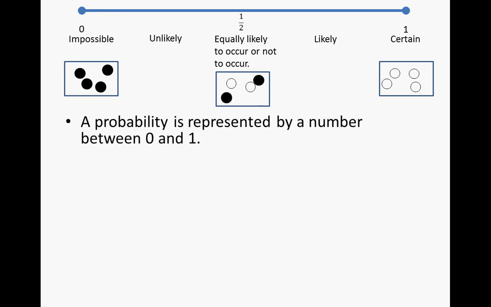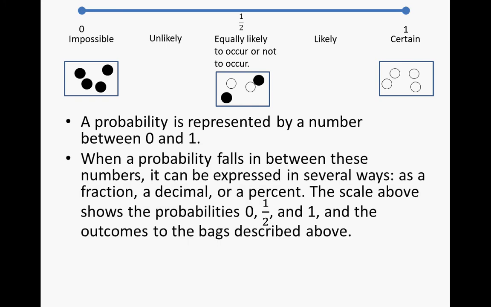So a probability is represented by a number between 0 and 1. When a probability falls in between these numbers, it can be expressed in several ways, as a fraction, a decimal, or a percent. The scale above shows the probabilities 0, 1/2, and 1, and the outcomes to the bags described above.